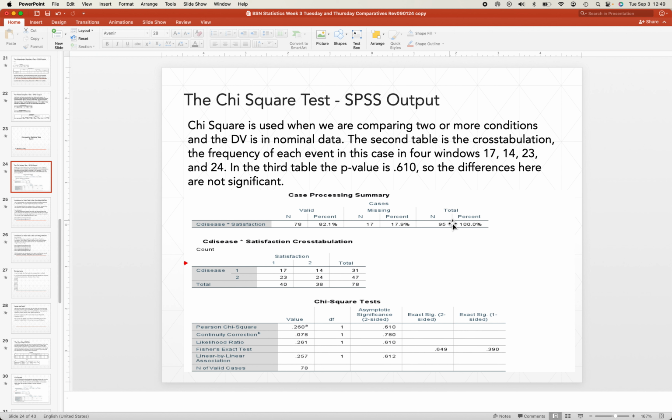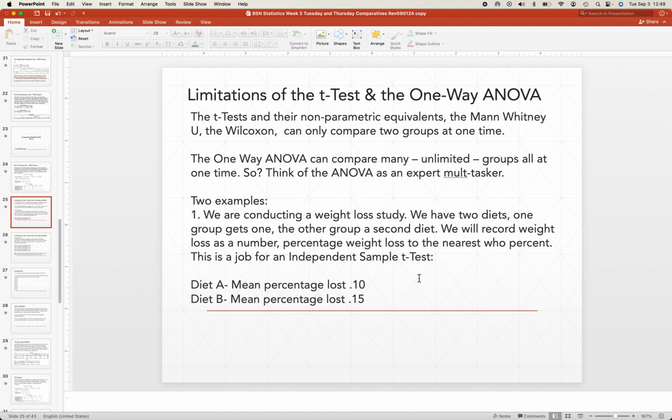We have the total number of participants, the maybe cases that were incomplete. We have what I refer to as the cross tabulation, showing the number in each of these different categories and if they were satisfied or not, and the total of that.